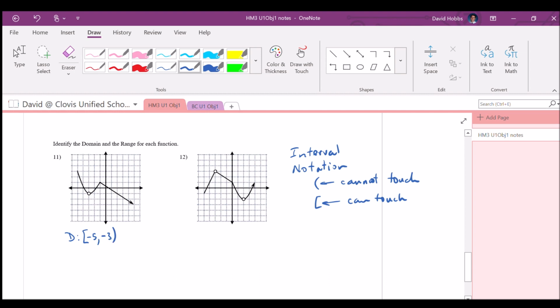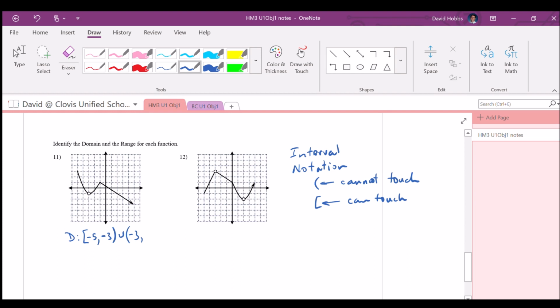Okay? Now, but as soon as I get past the -3, then I got some more values in my domain. So I'm going to do a little hookup thing here. The U for union. It's like addition, but it's not really addition. But I'm going to pick up just on the other side of -3, and then it goes to the right forever. Now, what's the biggest number as we go out to the right forever?